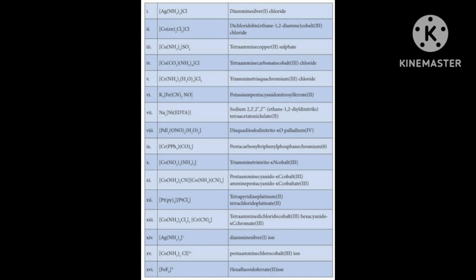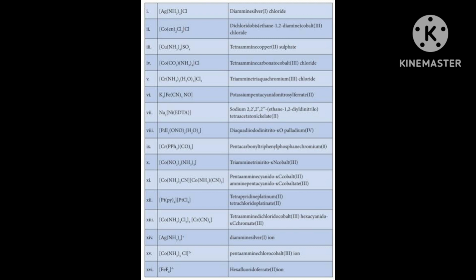Dicyano. I told you in the case of an anion, two rules are important. For the ligand you add O at the end, and for the metal, ATE. Always remember, for the ligand in the case of an anion you add O at the end, and for the metal ATE.